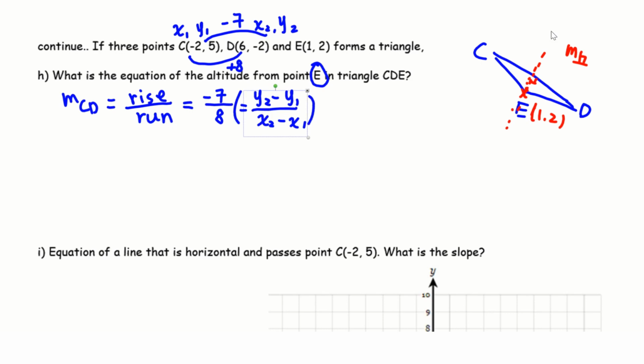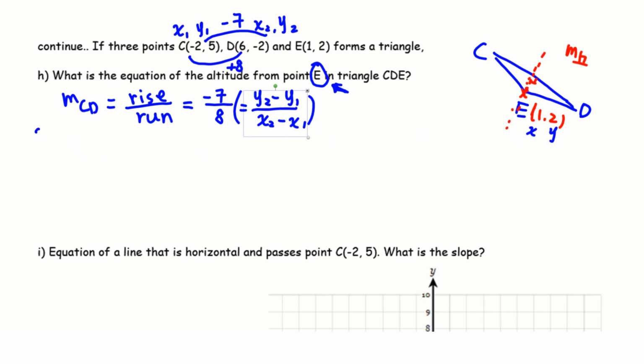So we have the slope of CD and the perpendicular. The altitude means the height, so it forms 90 degrees with CD from point E. This is very important. You need to be careful which vertex you are going to draw the altitude from. That point E is on the altitude. So we have the slope, then we have this point as x, y, and we sub in.